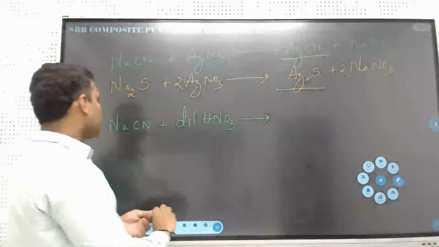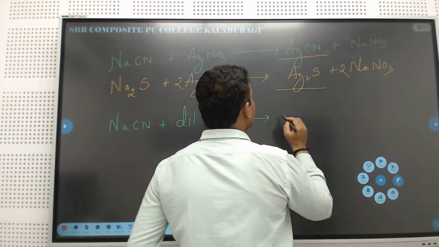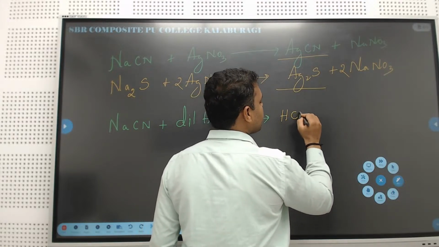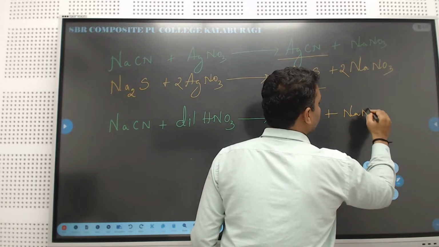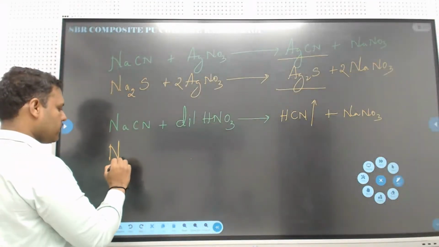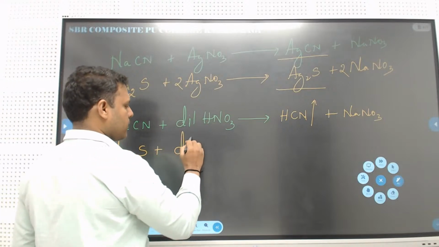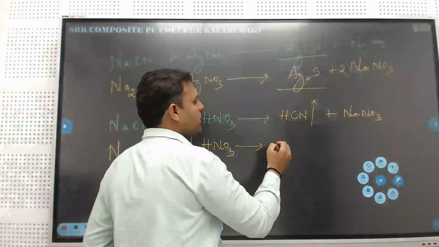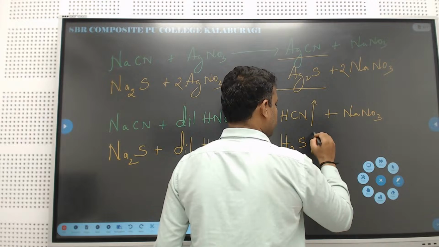On adding dilute HNO3, the cyanide will be eliminated in the form of HCN along with the formation of NaNO3. And similarly, sodium sulfide will be converted into H2S gas.